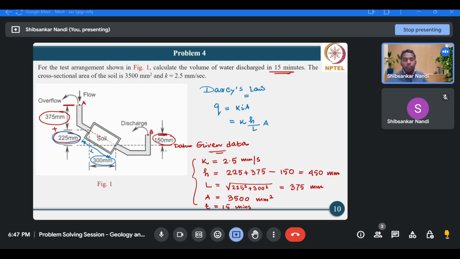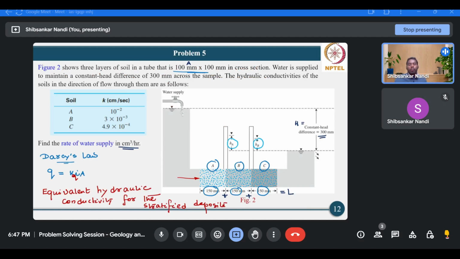So again we implemented Darcy's law and calculated the volume of water discharged in 15 minutes. Then in problem 5, we encountered a stratified deposit, and in this case, we determined the equivalent hydraulic conductivity, and then again implemented Darcy's law to calculate the rate of water supply through this stratified deposit.